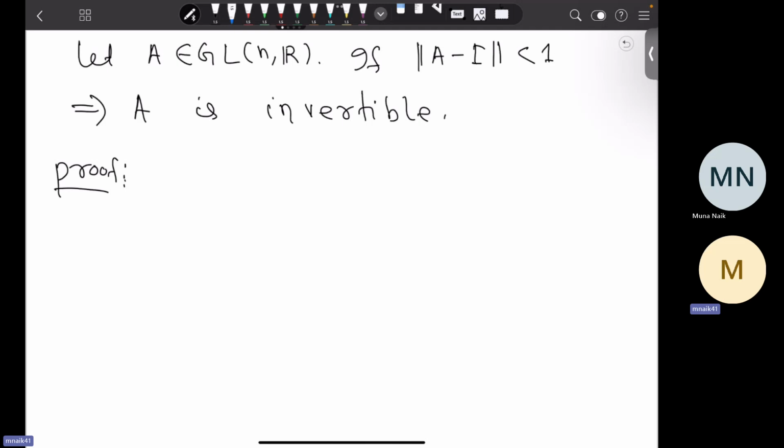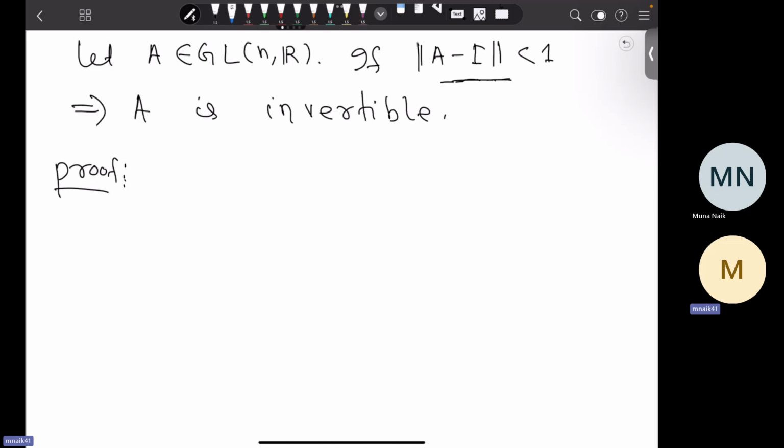So what is the meaning of A being invertible? Remember, we are in a finite dimensional space. I have only the estimate of the norm of A minus I in my hand, that it is less than 1. I have to use this information.